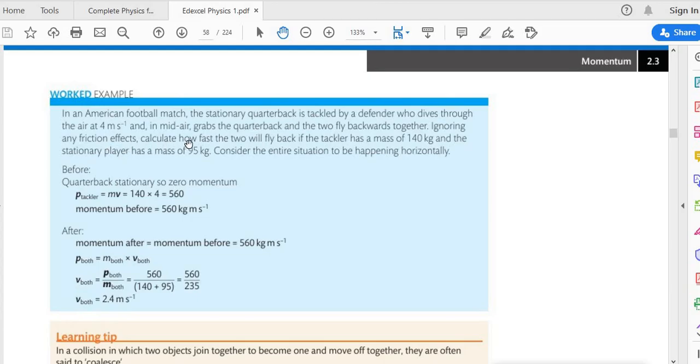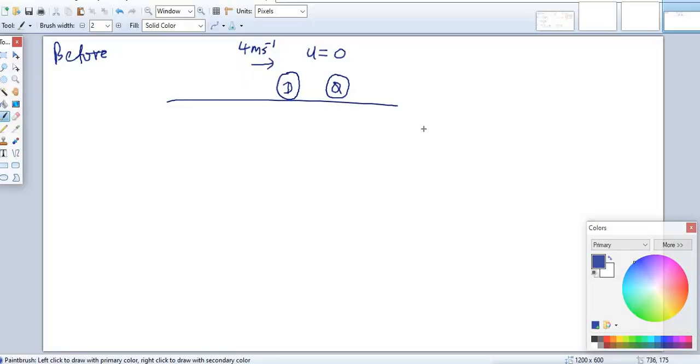Ignoring any frictional effects, calculate how fast the two will fly back if the tackler has a mass of 140 kilograms and the stationary player has a mass of 95 kilograms. So let's label those two also: 95 and 140.